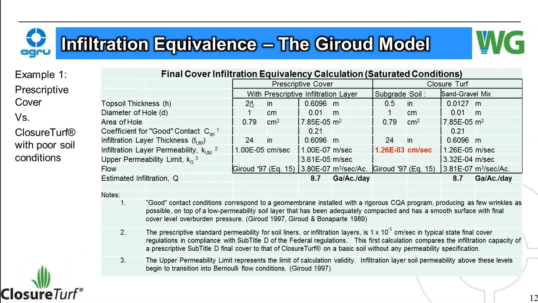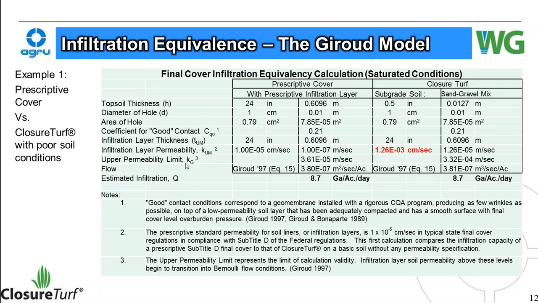This is top soil thickness, 24 inches, 1 centimeter diameter hole with the corresponding area of that hole, infiltration layer at 24 inches, and this permeability here, 1 times 10 to the minus 5 centimeters per second, which is the Subtitle D standard. And then coefficient for good contact here, 0.21. This is assuming good CQA practice. If there was no CQA, this number would be 1.15.